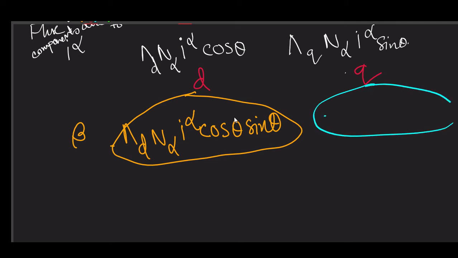For Q we will have minus lambda Q n alpha I alpha sin theta cosine theta.